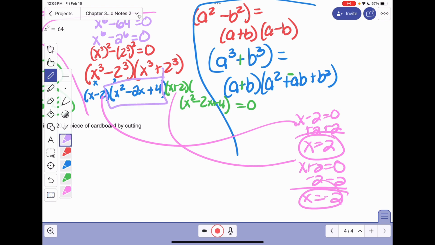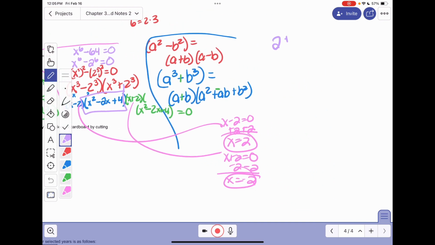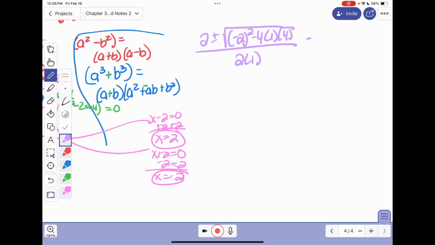Now I'm going to take this one, and I'm going to do the quadratic formula. So opposite of b plus or minus the square root of b squared minus 4ac all over 2a. If I simplify that all out, I end up getting negative 1 plus or minus i root 3.